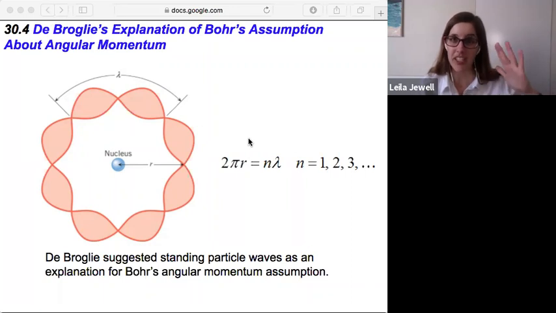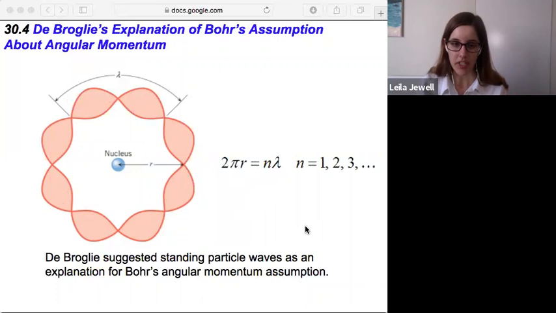If it's a standing wave, then it needs to be an integer number of wavelengths to make it around that circumference in order to fit properly, right? So the electron has some wavelength, and for it to be totally stable and have a standing wave, that wavelength needs to be within the circumference, total distance around 2 pi r.